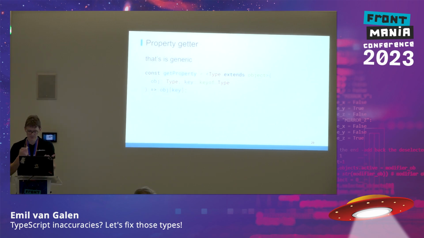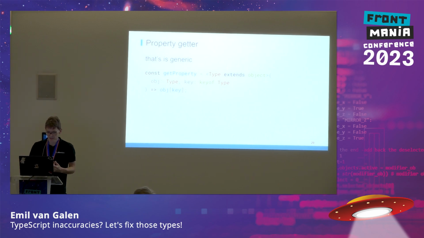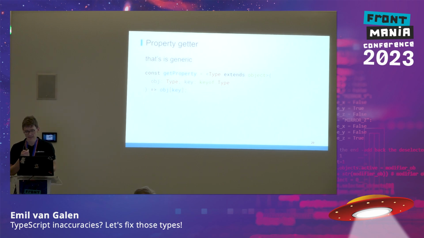So I then declare it with a type parameter and specify in the extends clause that it is an object, and also the key. I'm using the keyof keyword from TypeScript to indicate that the key should be a string literal type from one of the keys of this particular object.